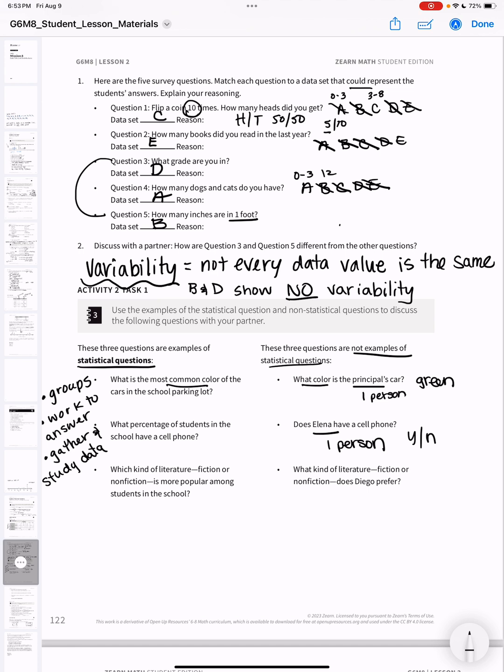What kind of literature, fiction or nonfiction, does Diego prefer? That's one person. It's one answer. So non-statistical questions are going to be easy to answer, and it's going to be about the individual. One answer, one person.